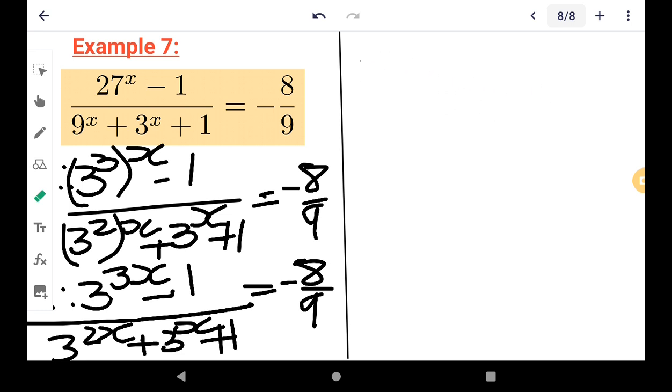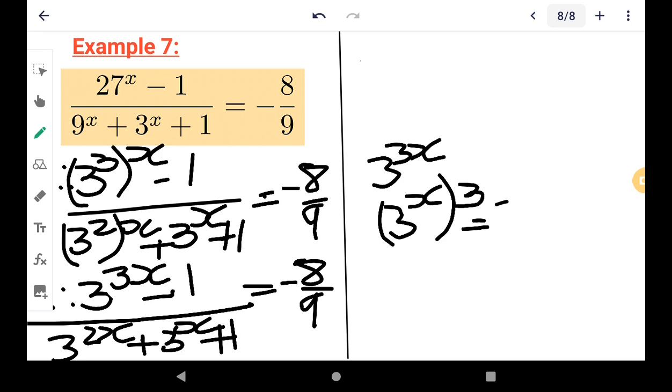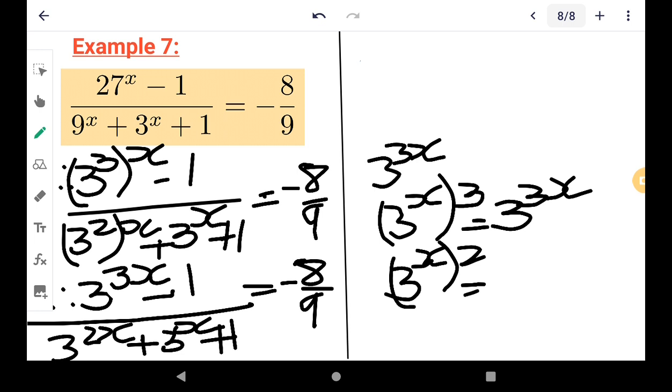Now when we factorize the difference of 2 cubes, notice that 3 to the power of 3x is simply 3 to the power of x cubed. Same with 3 to the power of 2x, it's 3 to the power of x all squared.